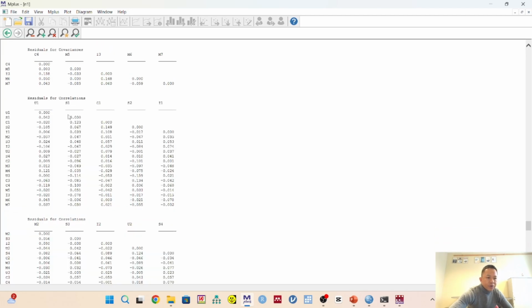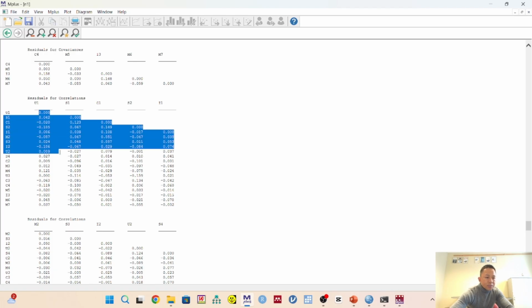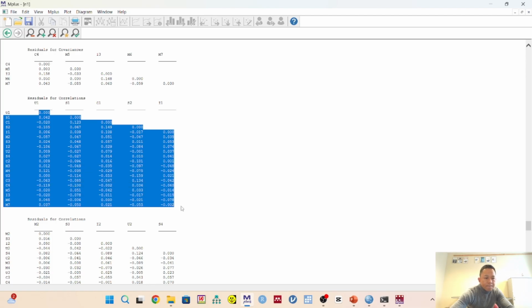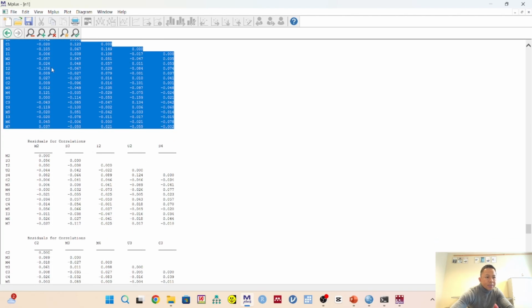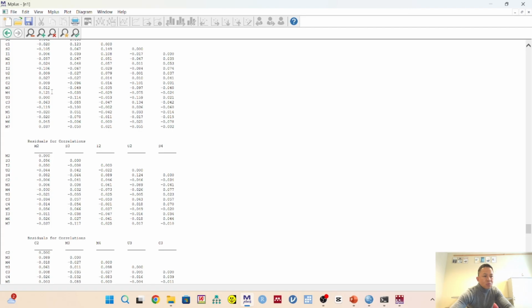Higher residual values greater than 0.1 or 0.15, we should check. We cannot see any here. All are lower. Here a little bit, 0.16. Minus or plus, we don't consider the minus or plus sign. These are correlation direction, that's why. But we should check the value.